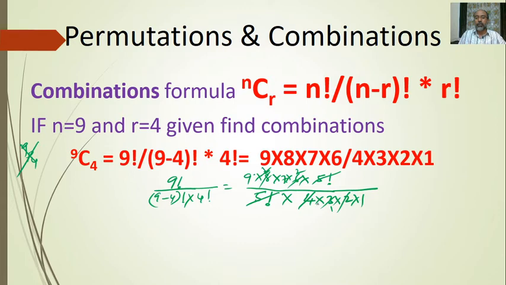All the numbers are completed. What is left is 9 into 7 into 2 divided by 1.